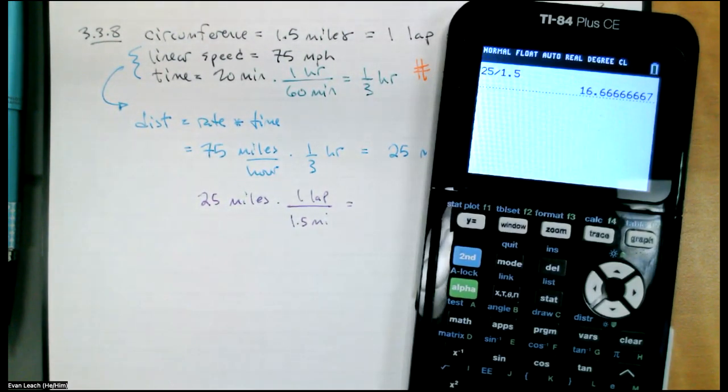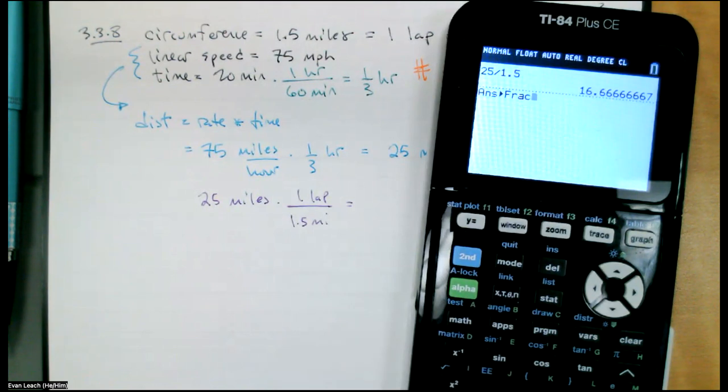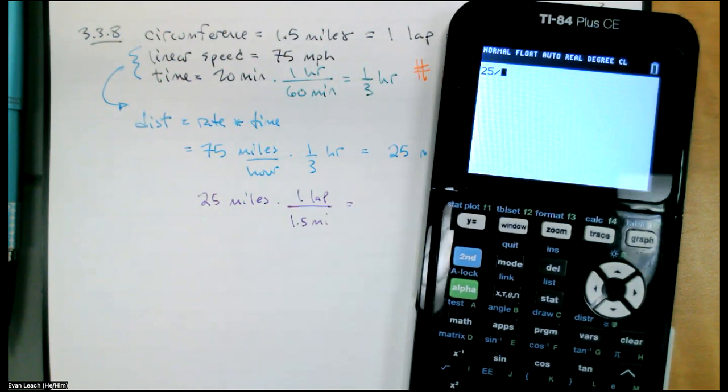So we get 16.667. We look at our selection of answers and see that it's in fractions and not decimals. So we'll just have our calculator convert it. 25 divided by 1.5 is 16.667.